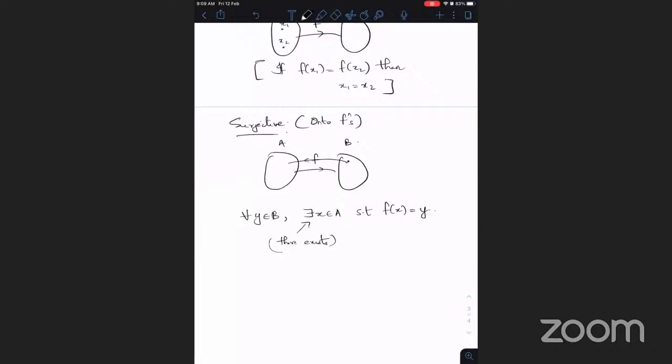So what does this mean? A function can be as follows. Say there are two elements here, x1 and x2, and they are being mapped to a specific element y. So can someone tell me if this is an onto function? The only element in B is y.